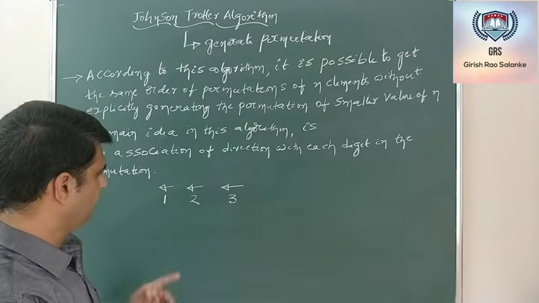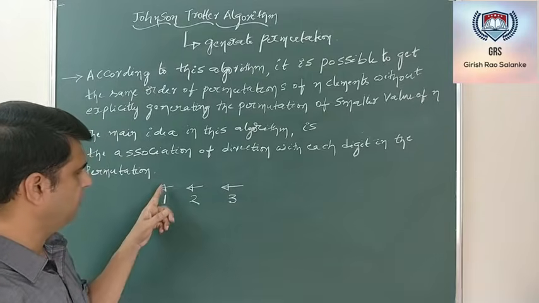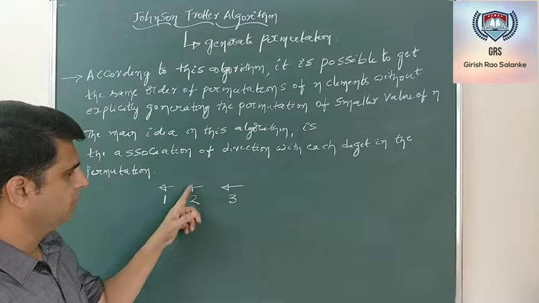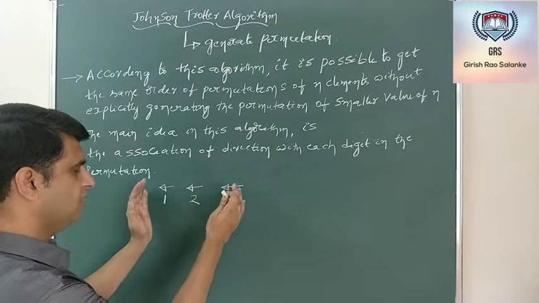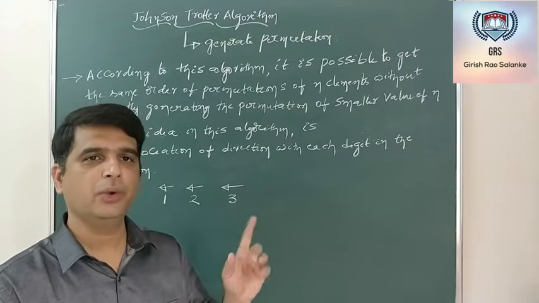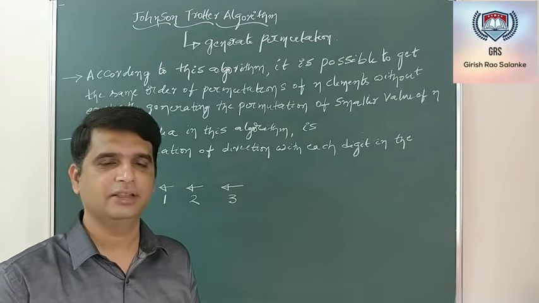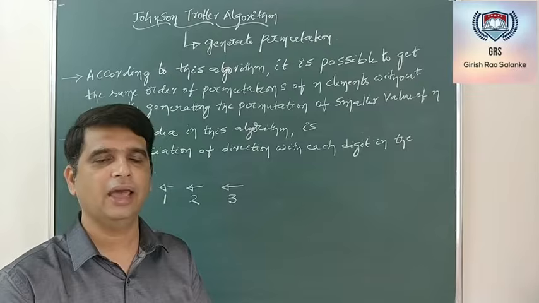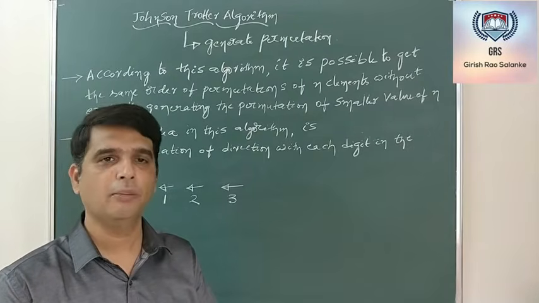Now if you see, I have associated a direction with respect to 1, with respect to 2, with respect to 3. In such a permutation, if a higher digit is pointing to a lower digit, then that particular digit is called a mobile agent or a mobile digit.